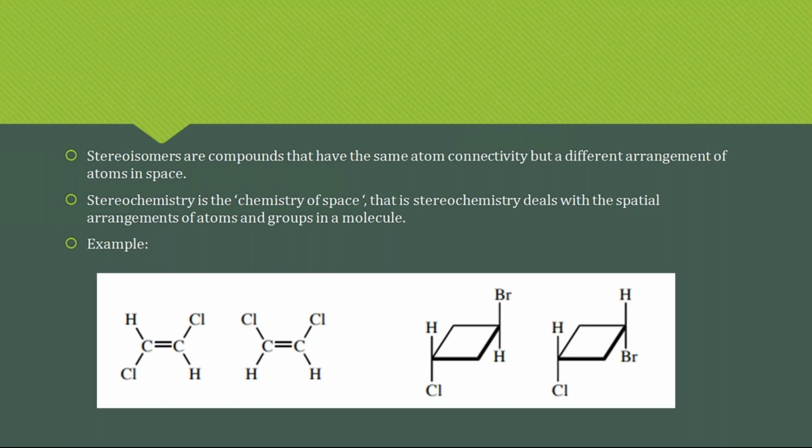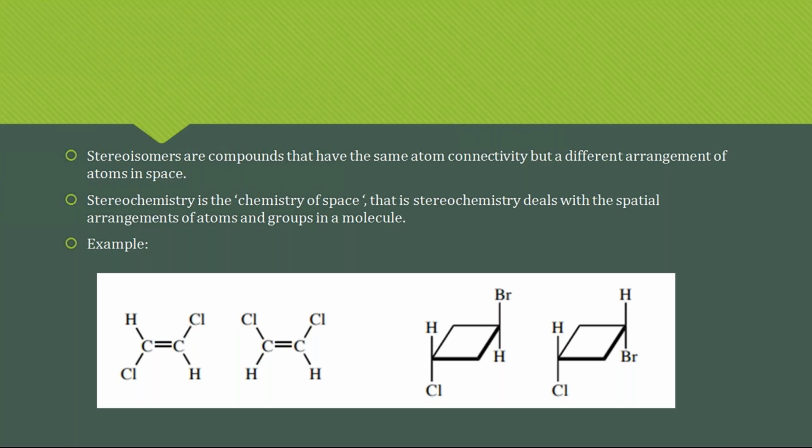What is the first example? Can you name the first example? 1,2-dichloroethene. Yes, ethene. And there are two structures here. What is the difference in the structure?